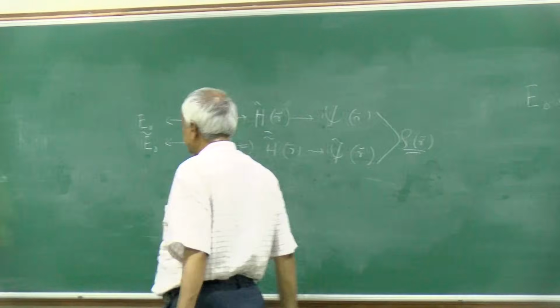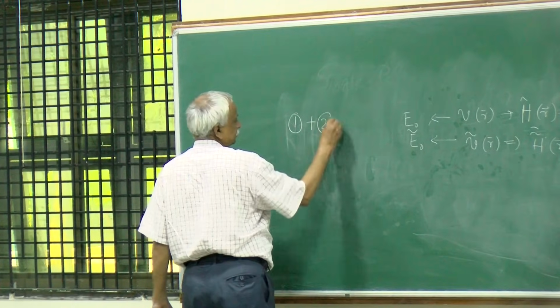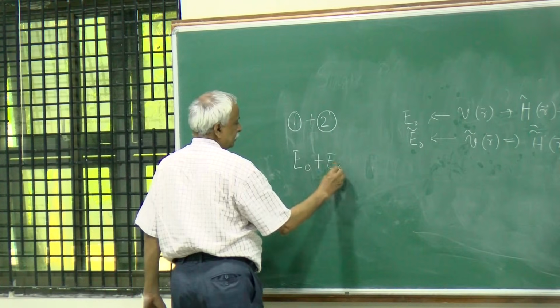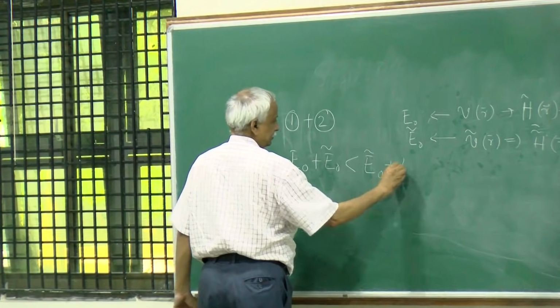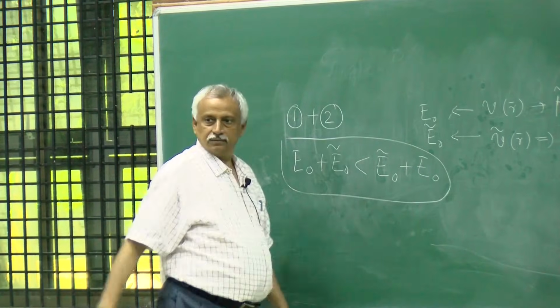If you add 1 plus 2, you get E0 plus E0 tilde less than E0 plus E0 tilde.